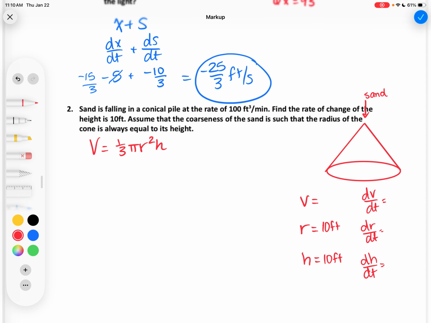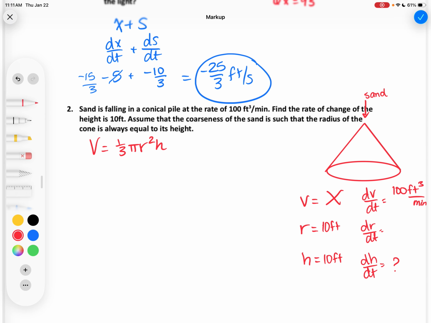And then volume, I know it's going to go away when I take the derivative, so I'm not even going to worry about that value. The volume is changing at 100 feet cubed per minute, so that's my dV/dt. And then find the rate of change of the height of the pile, so that means I'm solving for dh/dt.